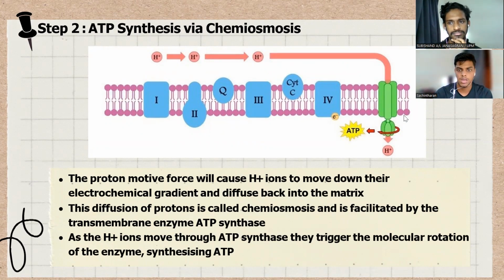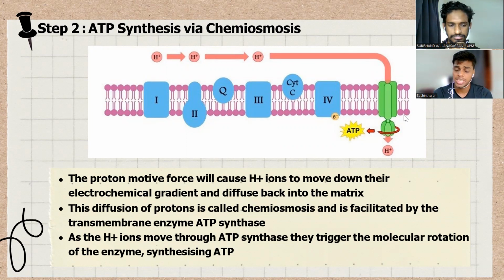Okay. Next slide. Step 2. So the second step is ATP synthesis via chemiosmosis. This happens when the proton motive force causes hydrogen ions to move down their electrochemical gradient and diffuse back into the matrix.